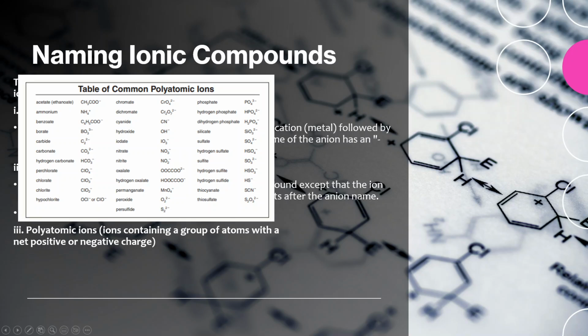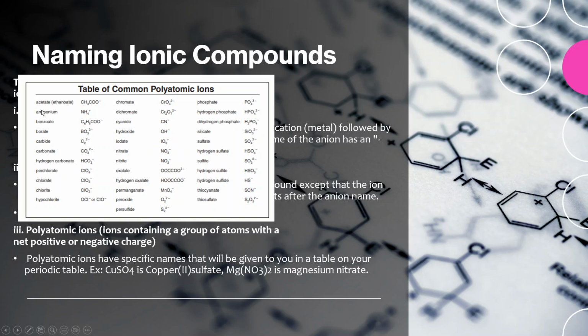These are ions, but instead of just having one element in them, they have a group of elements together in a complex. Remember I mentioned ammonium earlier? There it is on the second one there, NH4+. Then we have to use this table in our naming.